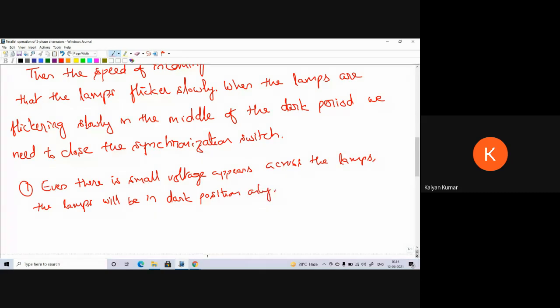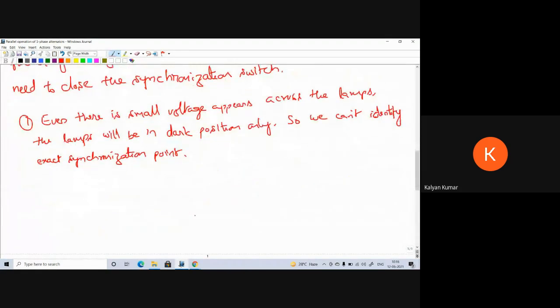So we cannot identify the exact synchronization point. So that is why some engineers prefer the bright lamp method that we have already described in single phase alternator parallel operation.